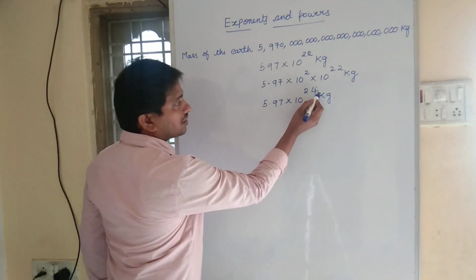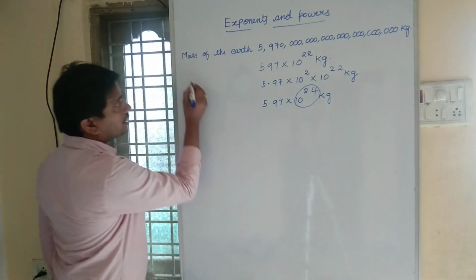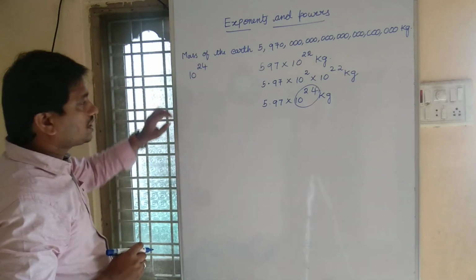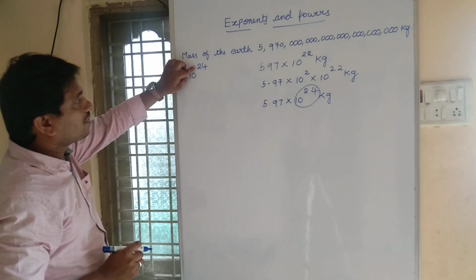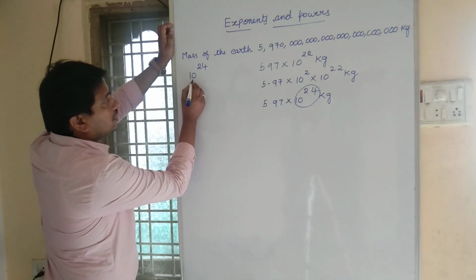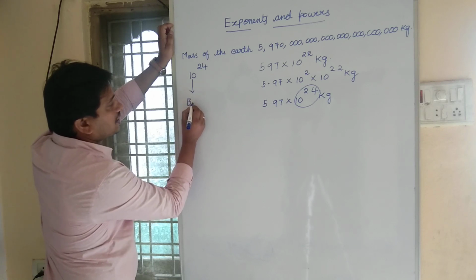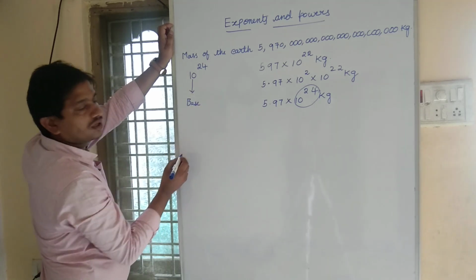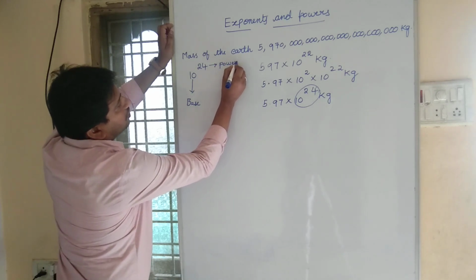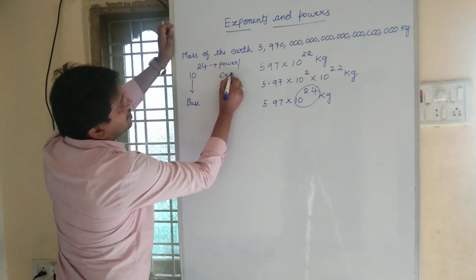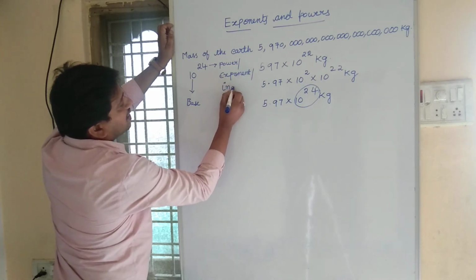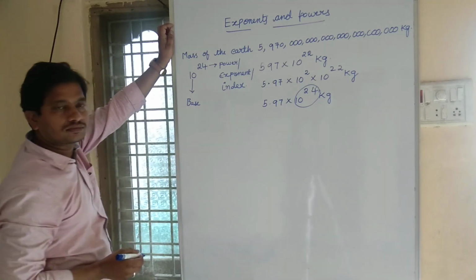So 5.97 into 10 to the power of 24 kg. Children, so this is what we have, 10 raised to the power 24. In 10 raised to the power 24, this 10 is called the base, children, and this 24 is called the power, or we can also call it the exponent, or the index.